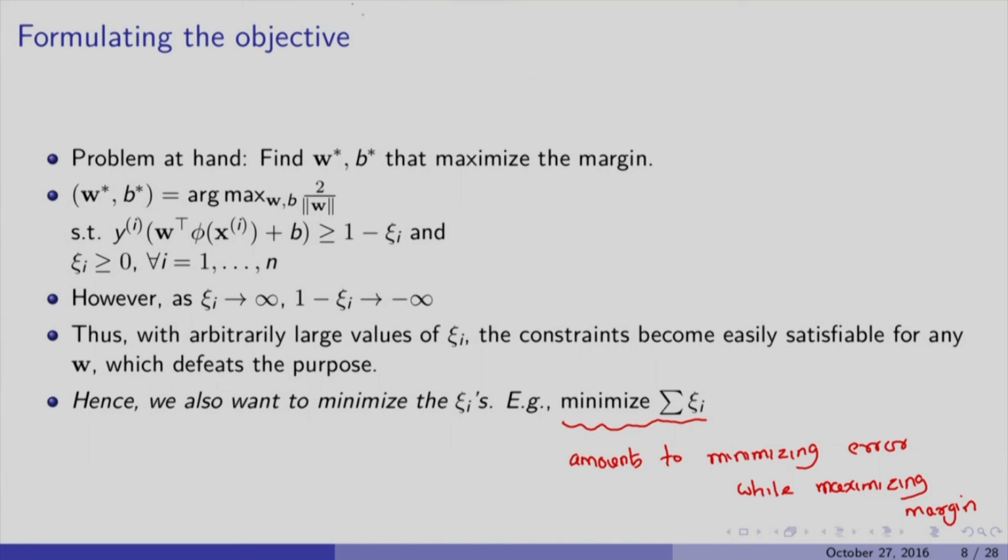Now, to solve these two problems together, the minimization and maximization problem, we will need to introduce a trade-off parameter C.